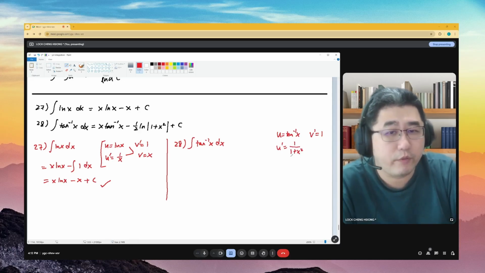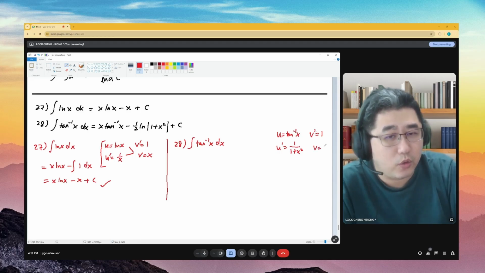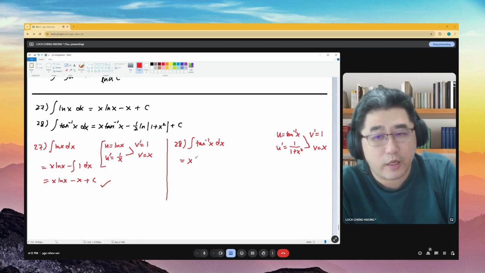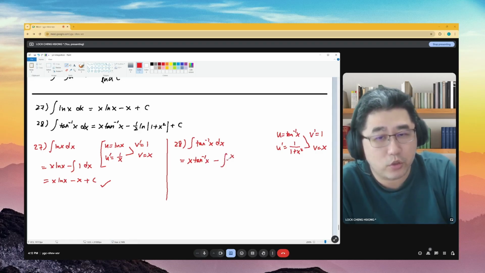Again, if you haven't memorized the differentiation rule, please go back and revisit the differentiation topic. And v goes to x. These two will be combined together, x and the arctangent. So x arctangent x minus integrate of x over 1 plus x squared.